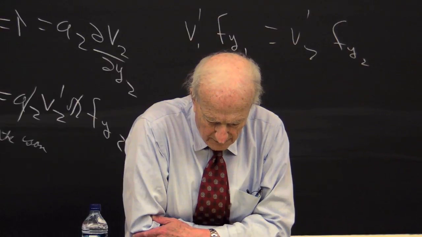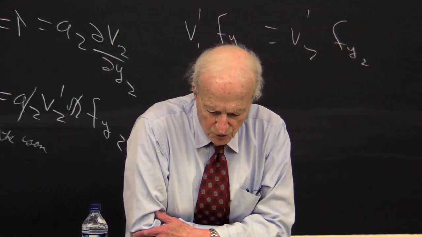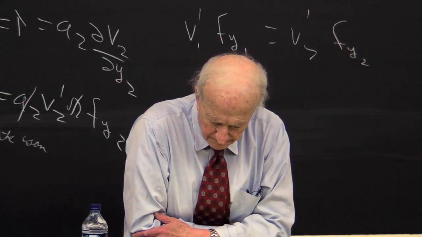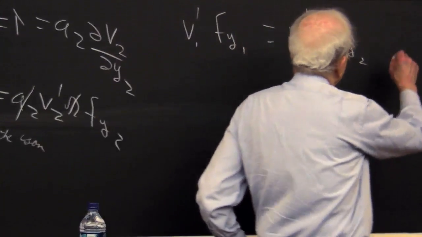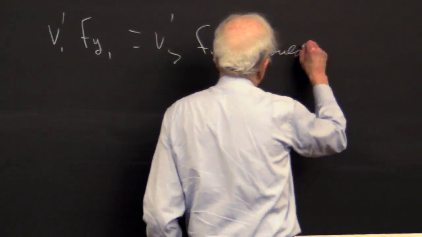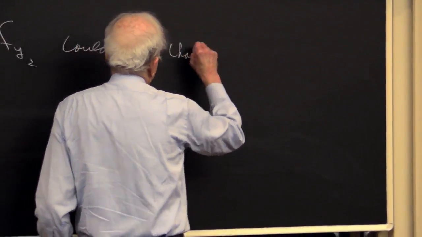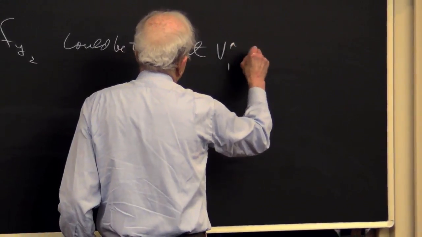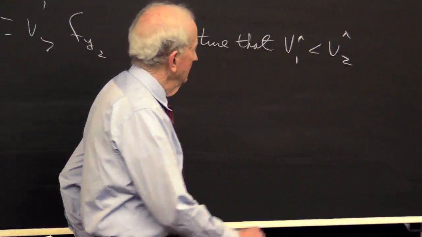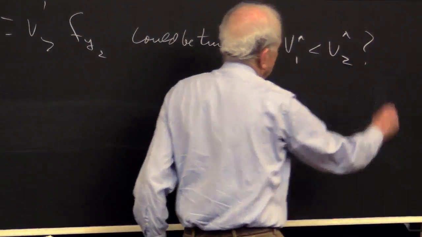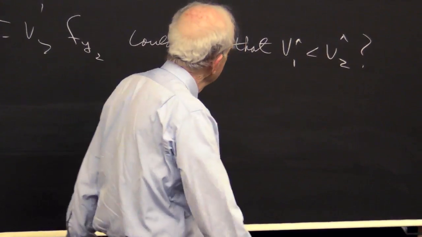So now, let's ask the following question. Could it be true in equilibrium that V1 is less than V2? That's the question. Okay. Well, it has a straightforward answer.